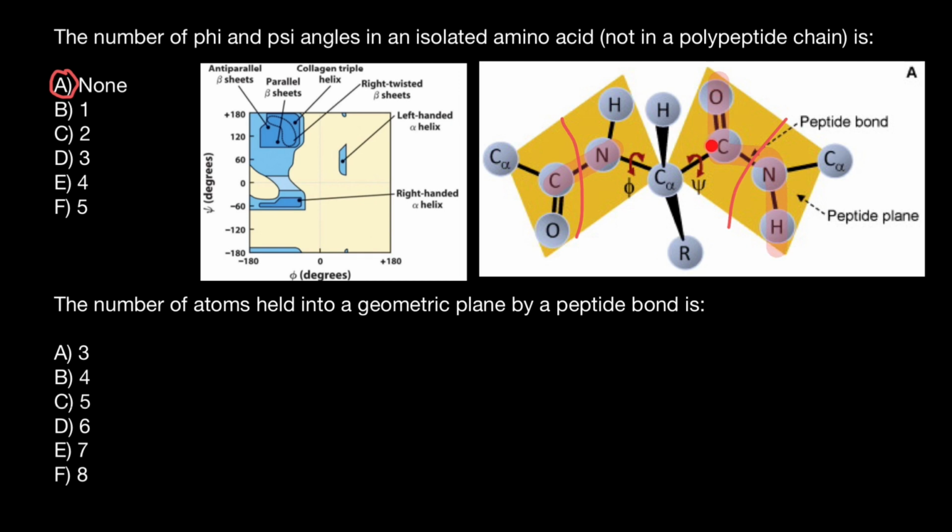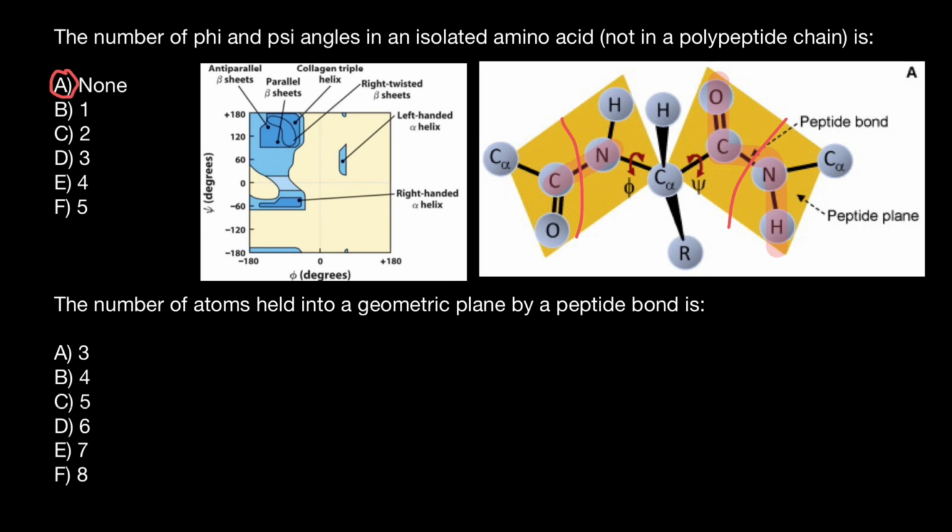So this is also correct, and this is also correct, but this is correct from the point of view of groups involved in the peptide bond, and this is the correct answer from the point of view of atoms involved in the peptide bond. But you also have to understand that between carbon and nitrogen, between this carboxylic group and this amino group, is a partially double bond.